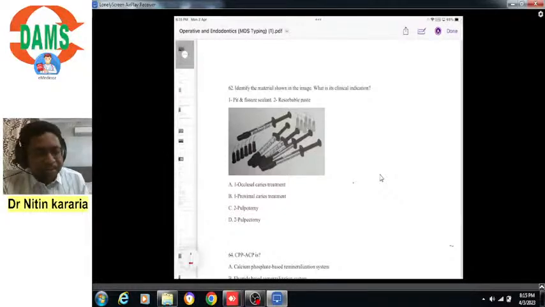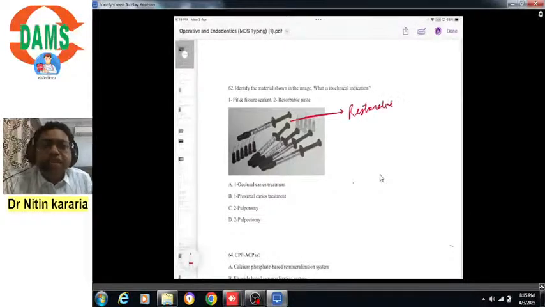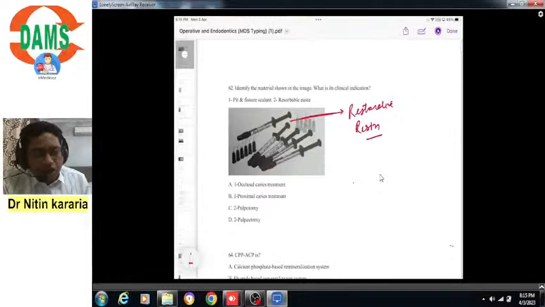As you can see, these are syringe based materials. They are restorative resins. So the option would be that it is a pit and fissure sealant and not a resorbable paste.